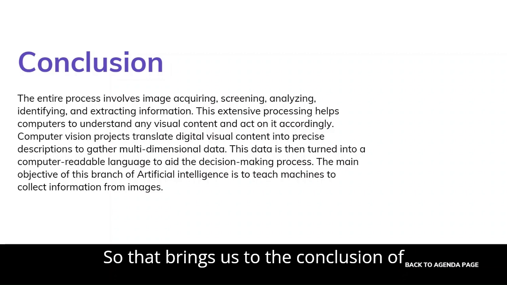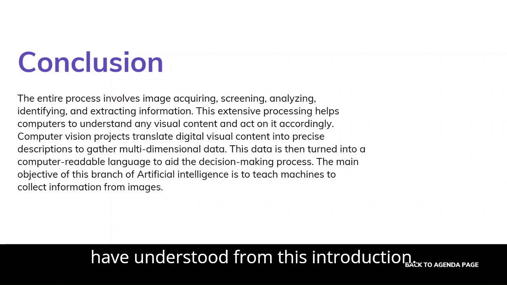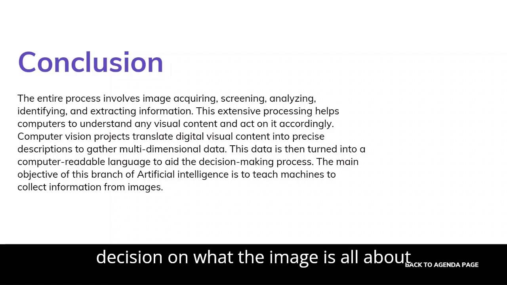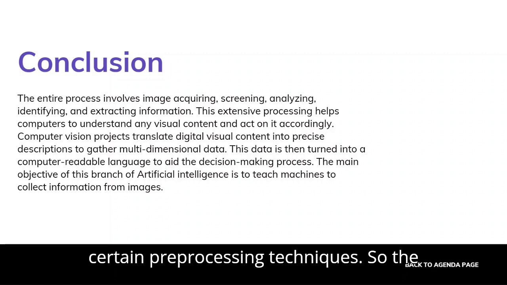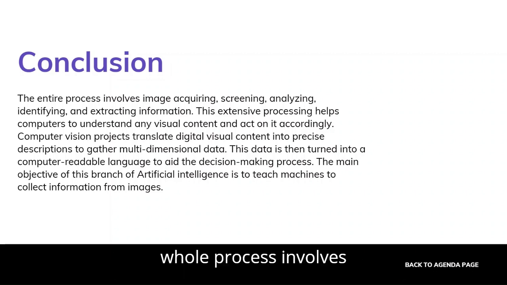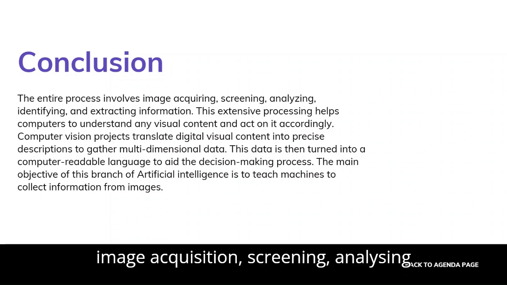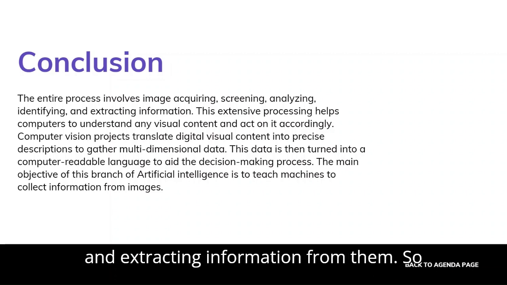So that brings us to the conclusion of this video. Let's understand what we have learned from this introduction. First of all, it is all about the computer making decisions on what the image is all about with the help of artificial intelligence and certain pre-processing techniques. The whole process involves basic tasks such as image acquisition, screening, analyzing those images, identifying, classifying, and extracting information from them.